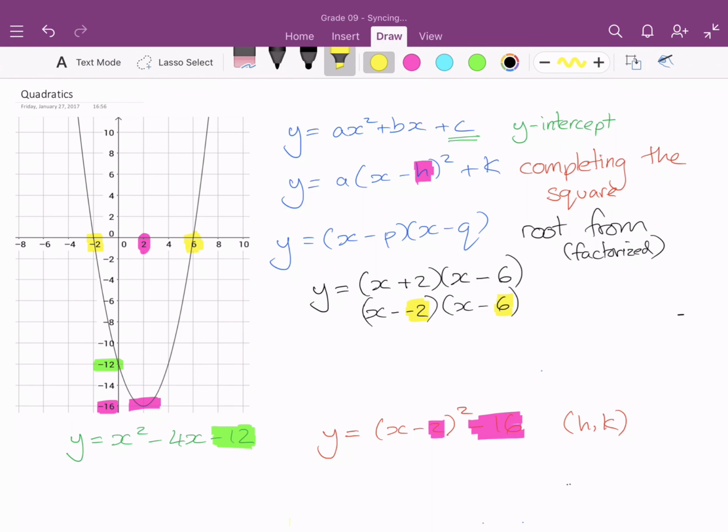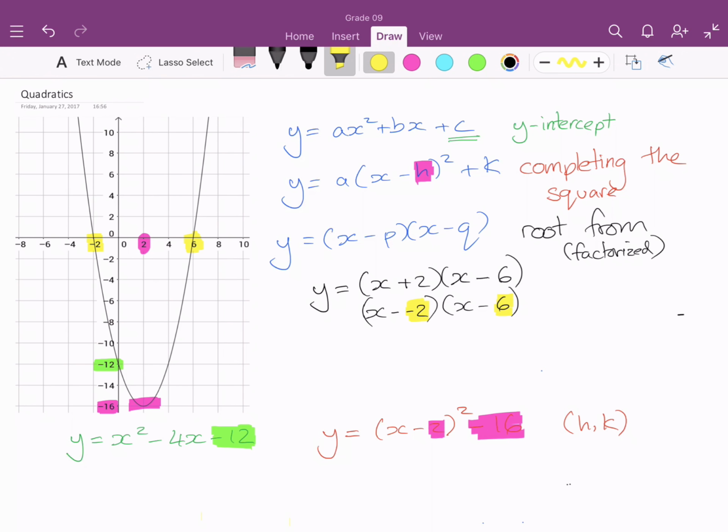Okay, so just to recap, there are 3 different types of equations that we can use for a quadratic. We have the y-intercept form. It's called that because the equation shows where the graph cuts the y-axis. And we can see that by the green one here. It cuts at minus 12.